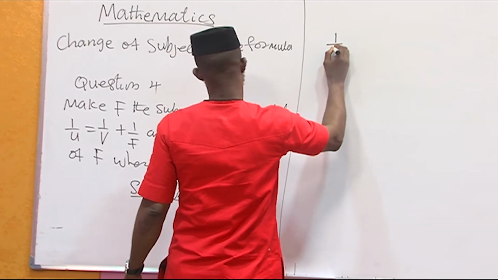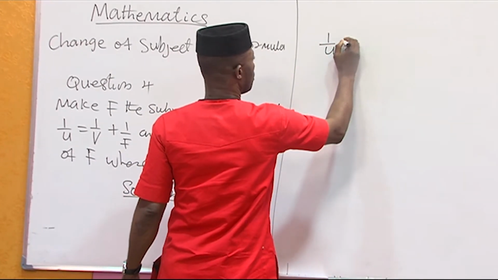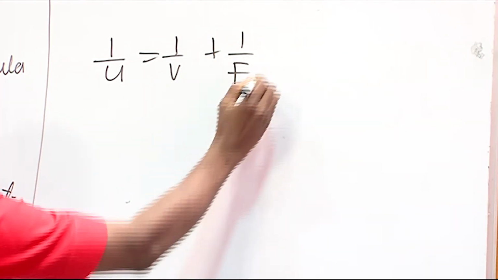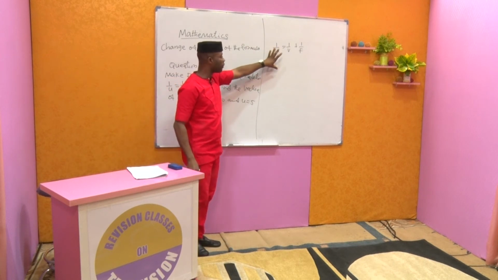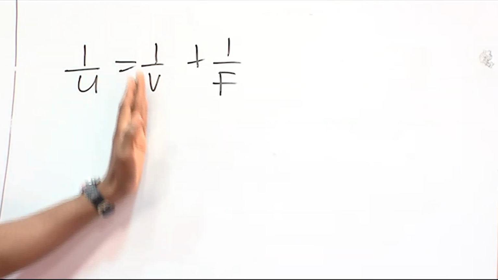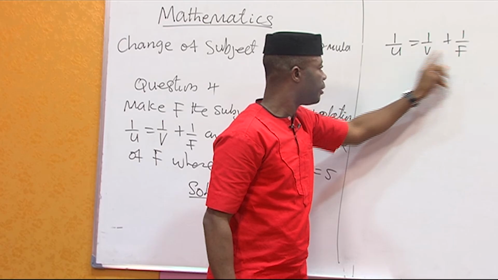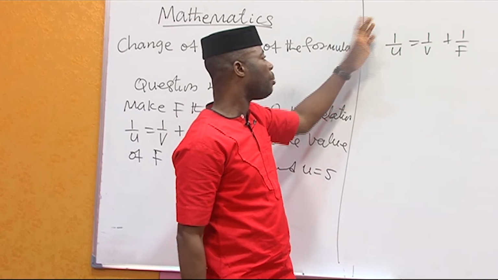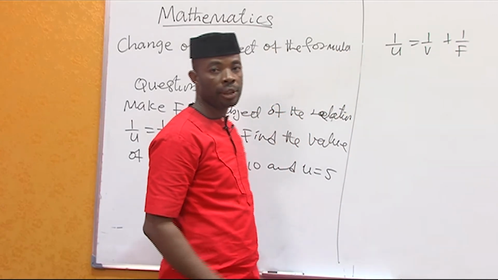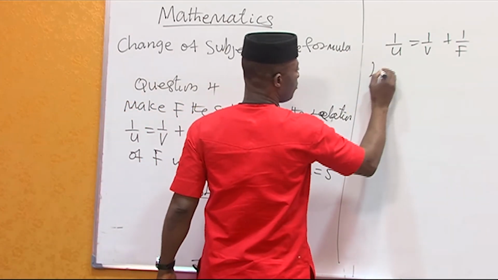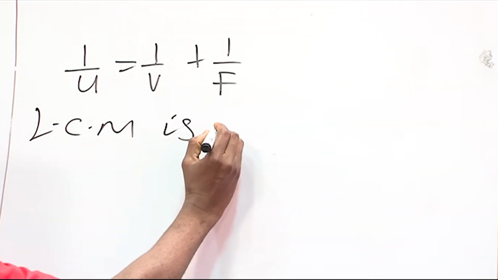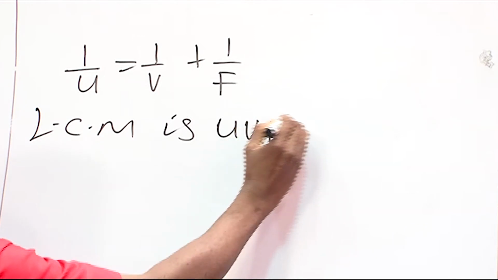One over u equals to 1 over v plus 1 over f. We have two ways of solving this particular question. If you like, you find the LCM of v and f, then later you cross multiply. But I want to multiply through by the LCM of the denominators. So the LCM of the denominators is UVF.